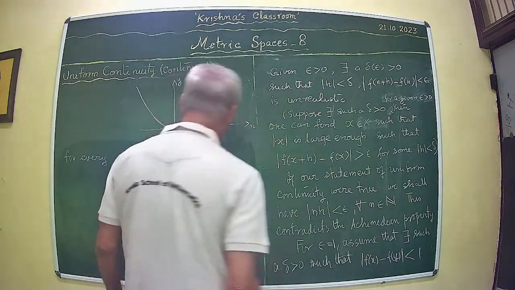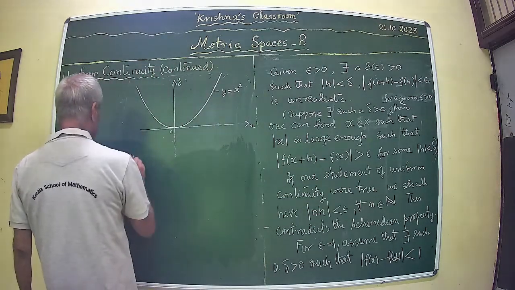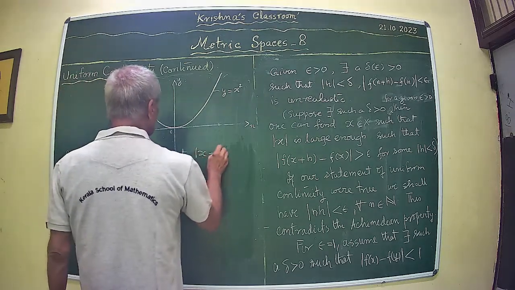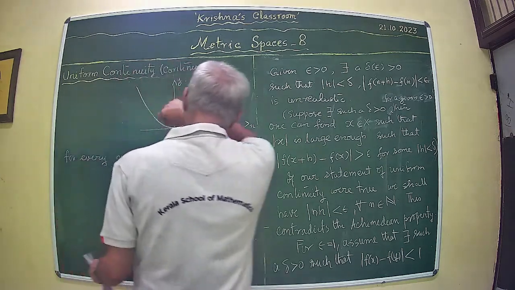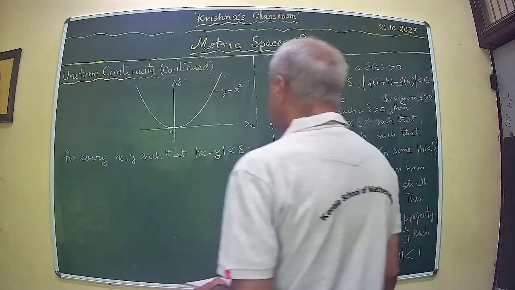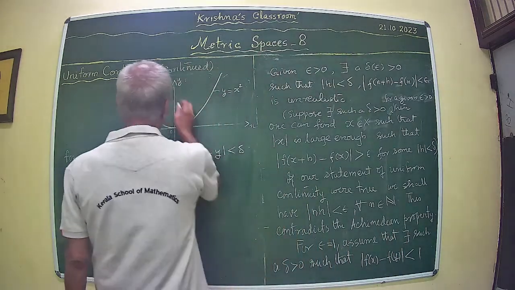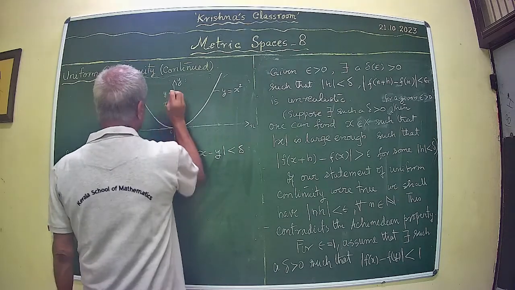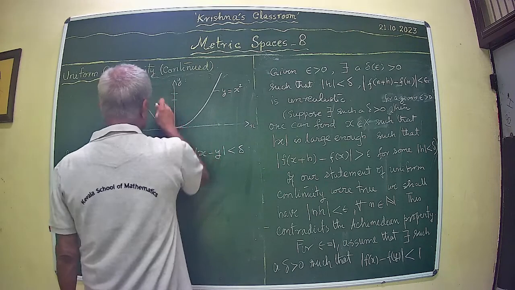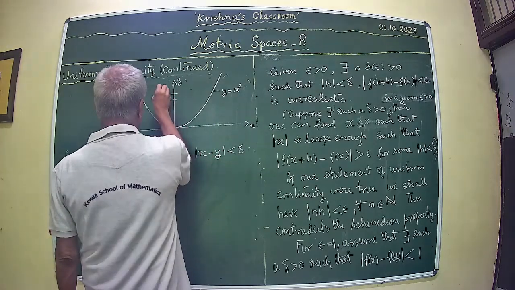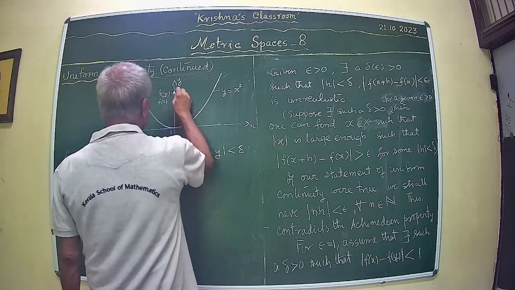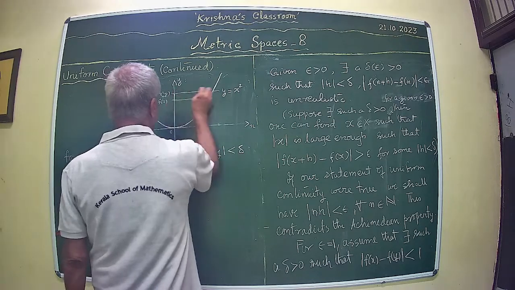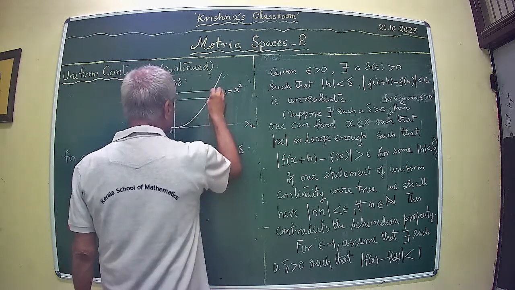for every x and y. See what happens is, suppose you fix f(x) and f(y). This distance as well. Now what happens to x and y?